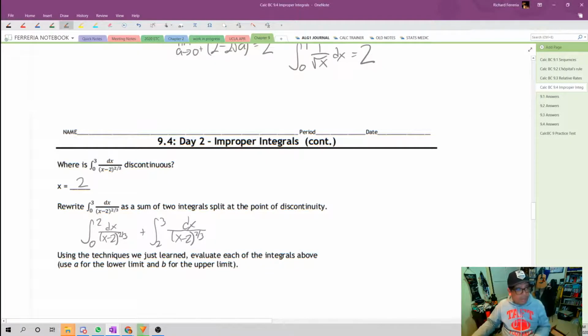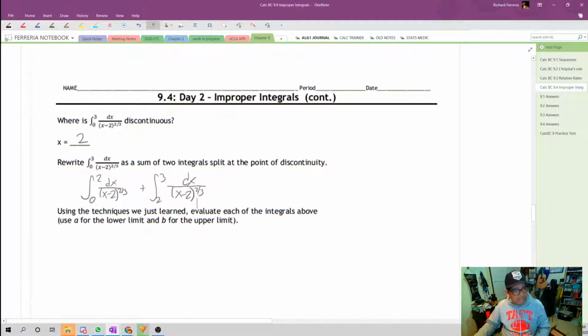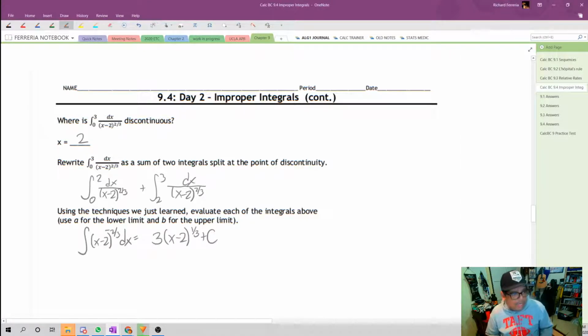Okay, using techniques, we can evaluate each of these integrals using limits. So let's find our antiderivative first. Our antiderivative here can be easily viewed as (x minus 2) to the negative 2/3 power. Negative 2/3 plus 1 is 1/3. So our antiderivative is 3 times (x minus 2) to the 1/3 power plus a constant.